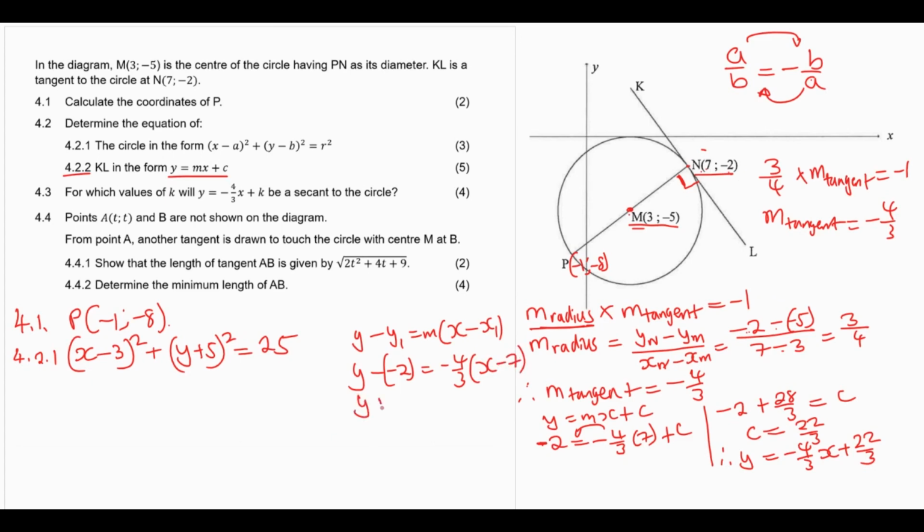Then again, y plus 2 is equal to -4 over 3, x plus 28 over 3. Transpose, positive 2 becomes -2. Then y is equal to -4 over 3, x. Then 28 over 3 minus 2, you'll get your 22 over 3.